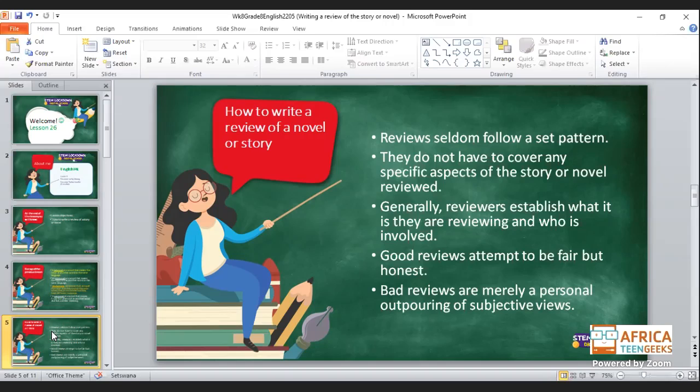Remember that even when you write a review, you would still need to use the writing process, because remember we said what the writing process does. It helps us to plan what we are going to write, so that we can write it in the most meaningful way, so that it can be written logically, with logical cohesion and coherence.